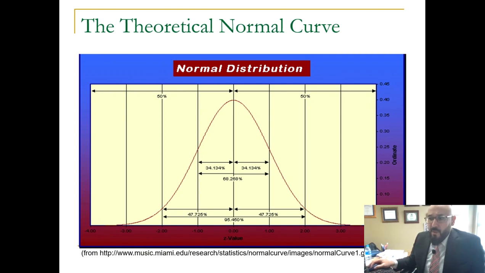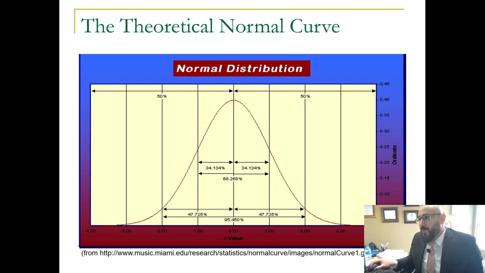So one standard deviation means 34% of the data is located in that area. Minus 1 standard deviation, same thing, would be equivalent to 34% located in this area right here.